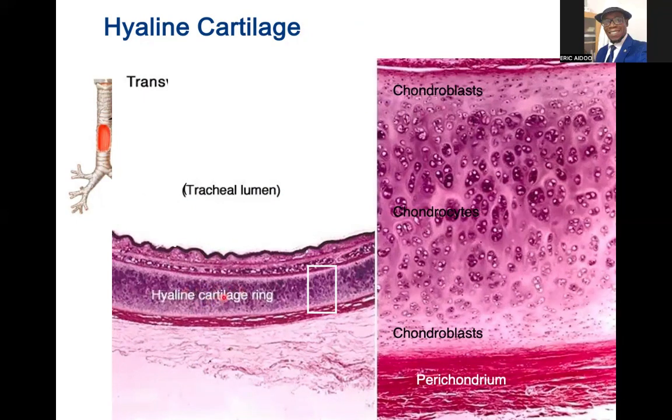It usually forms a C-shaped ring when it is fully formed. But if it's not fully formed, it forms cartilage chips, which will later join to form the C shape. And at the end of the C, it will be connected by the trachealis muscle. All right. So this is what we find within the cartilage of the trachea.